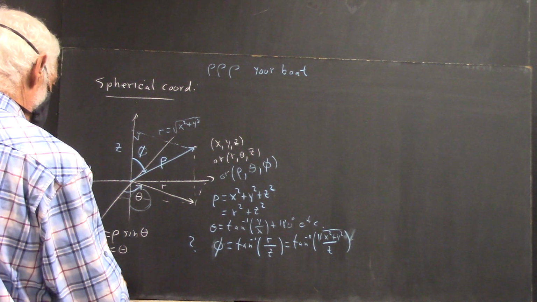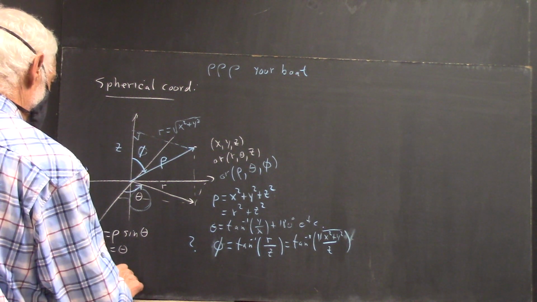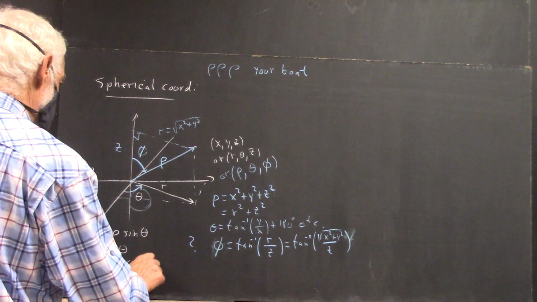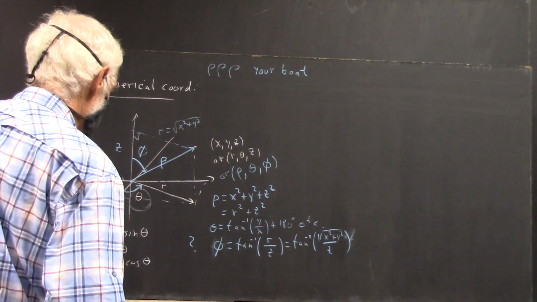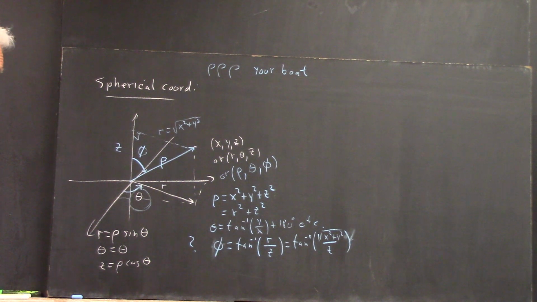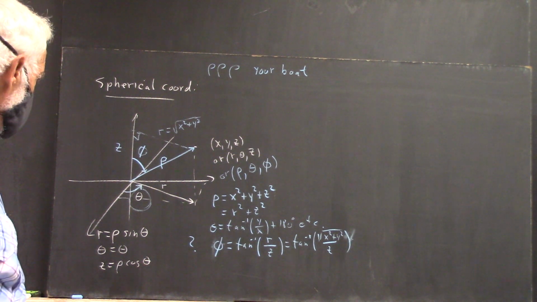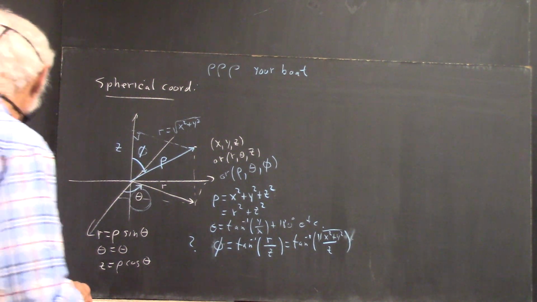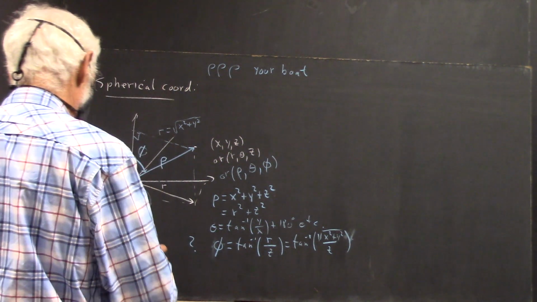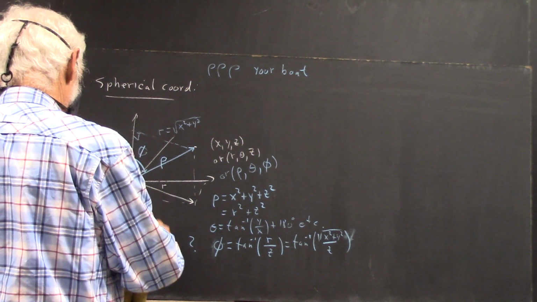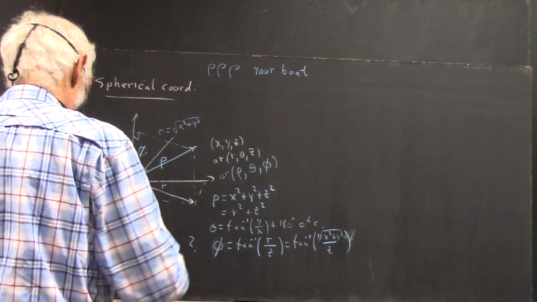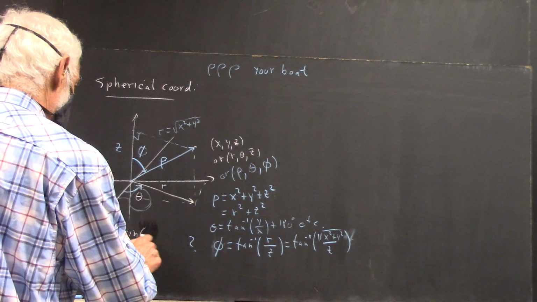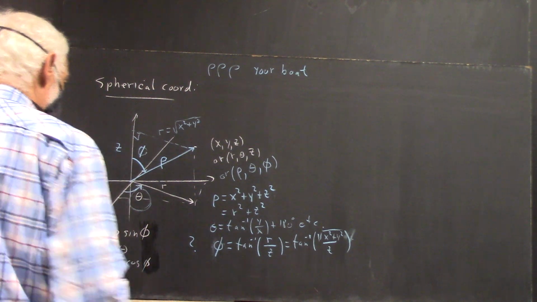And then z is rho cosine phi. I said theta, anytime now I'm going to start calling that thing t. Phi. Okay?